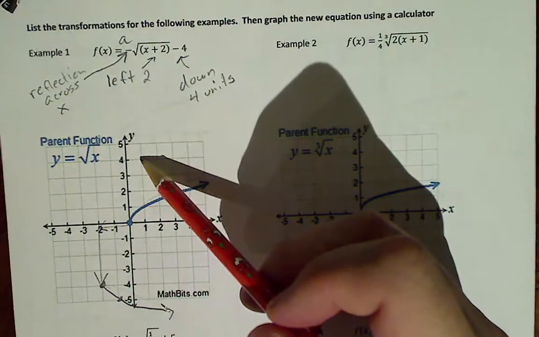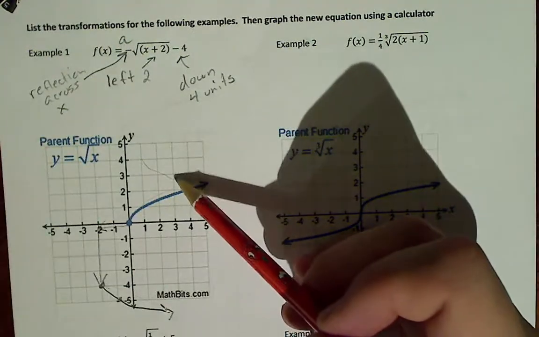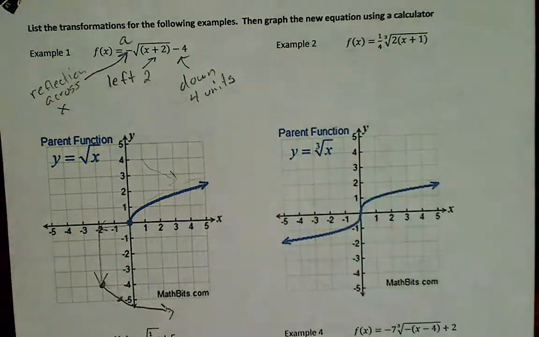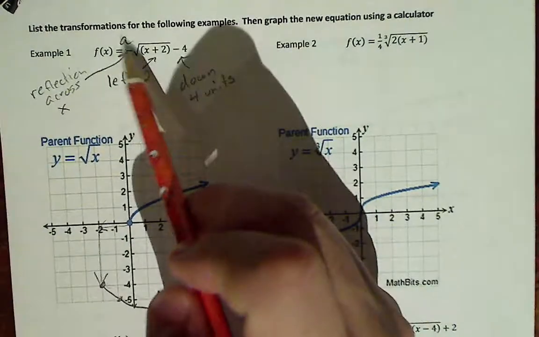Sometimes, you'll have one that's up here that goes down like this. I don't have one right now to show you. That's still considered a reflection across the X. And the reason being is because of the order of transformations in which they occur. So just know that is what this negative value actually stands for.